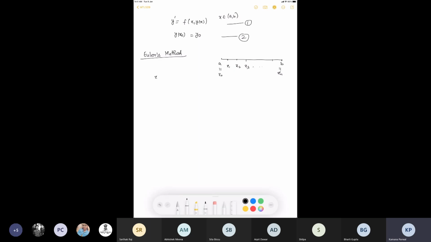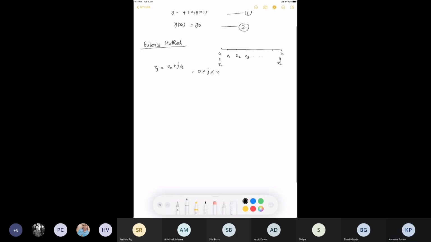And we consider all these subintervals to have equal length. That is, any xj is going to be x0 plus jh, where j varies from 0 up to n.